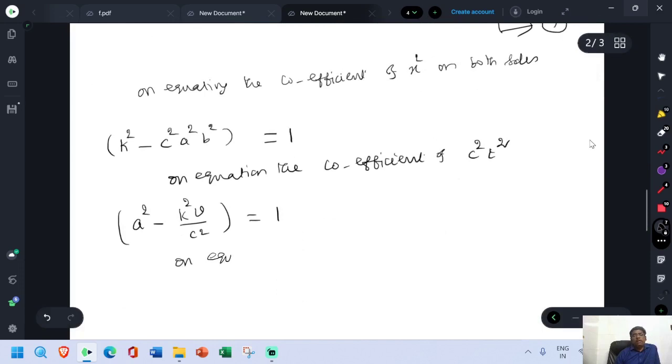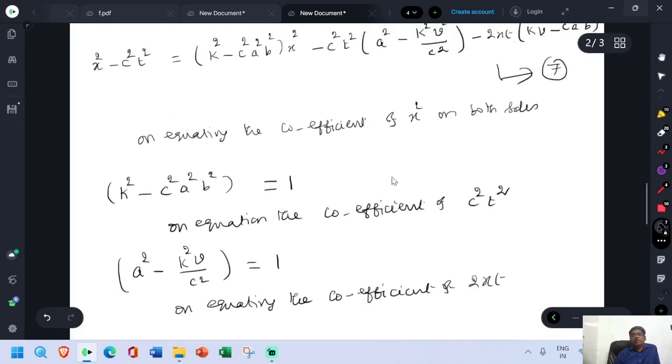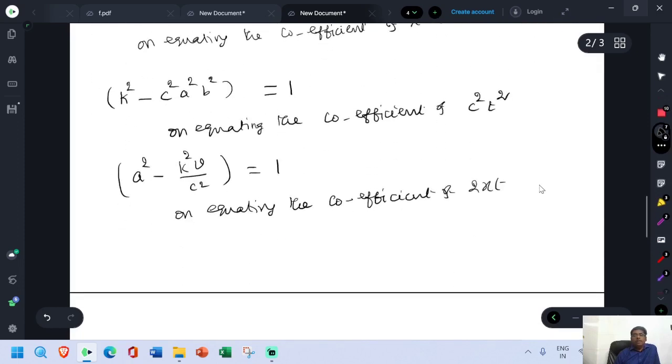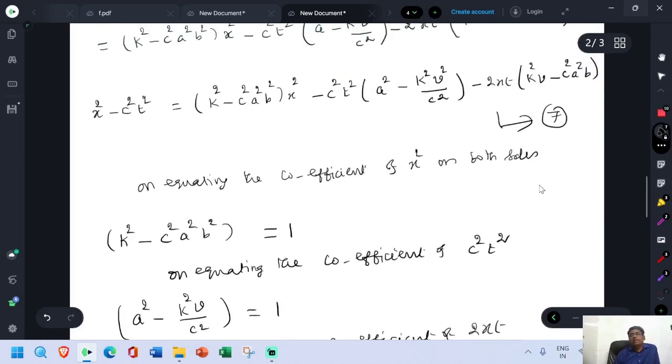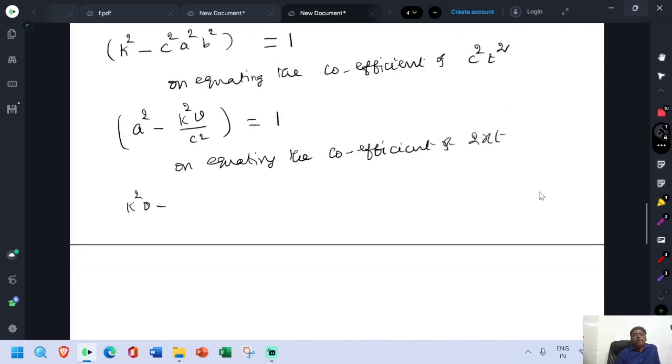On equating the quotient of 2xt, then we can write k square v minus c square a square b, c square a square b equal to 0.